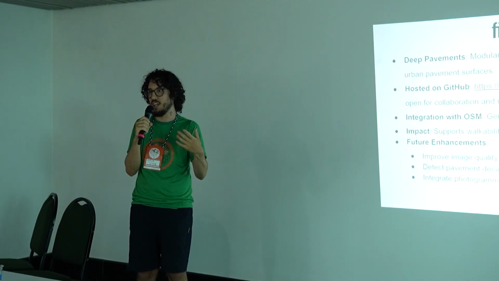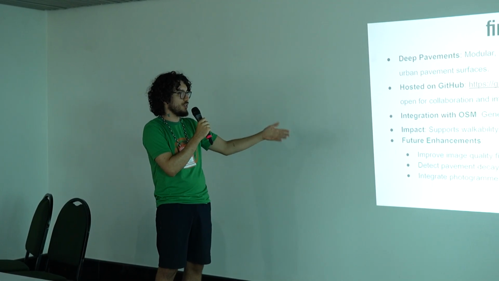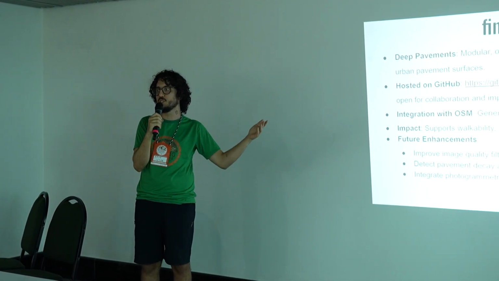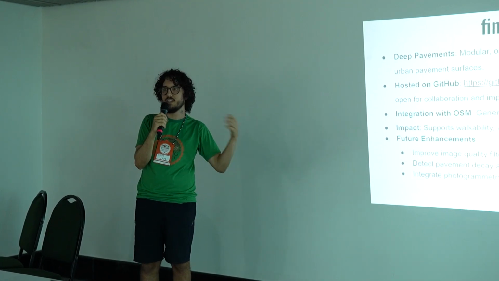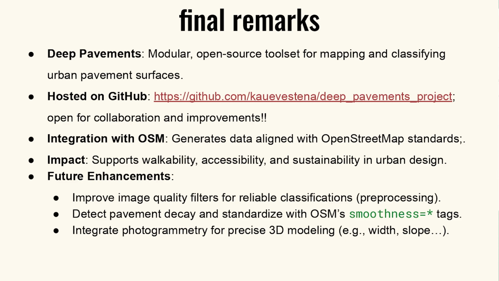Since it's a database that is contributed, we also want to detect pavement decay, so that we can use the OpenStreetMap smoothness tag as well. So we can end up with surface and smoothness. It's a step ahead in assessing the level of accessibility of pathways. And also to integrate photogrammetry for precise 3D modeling.